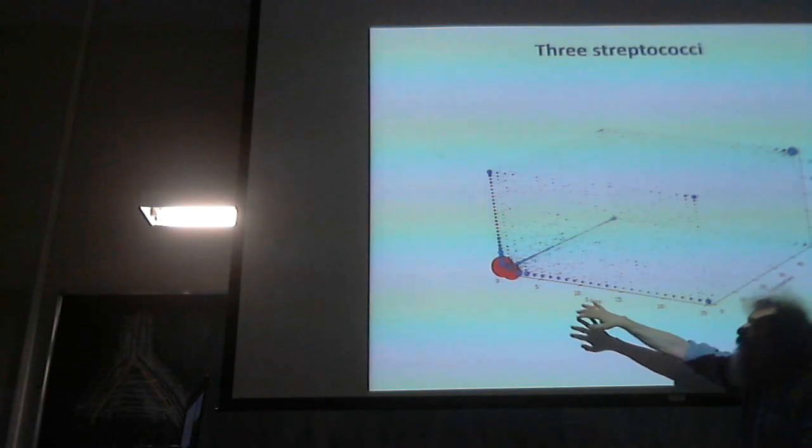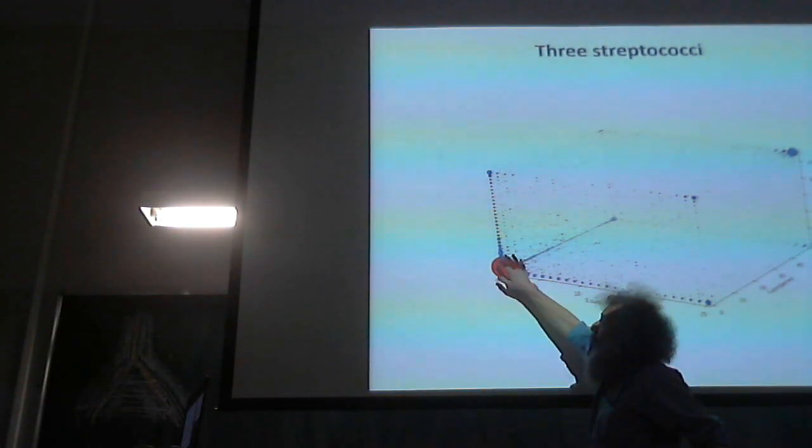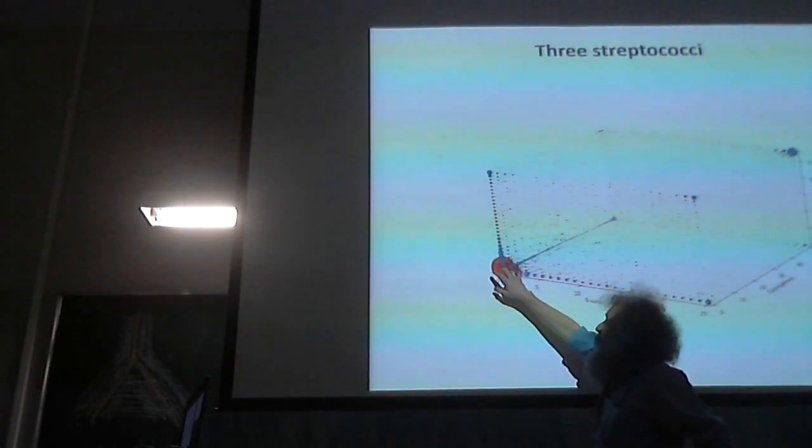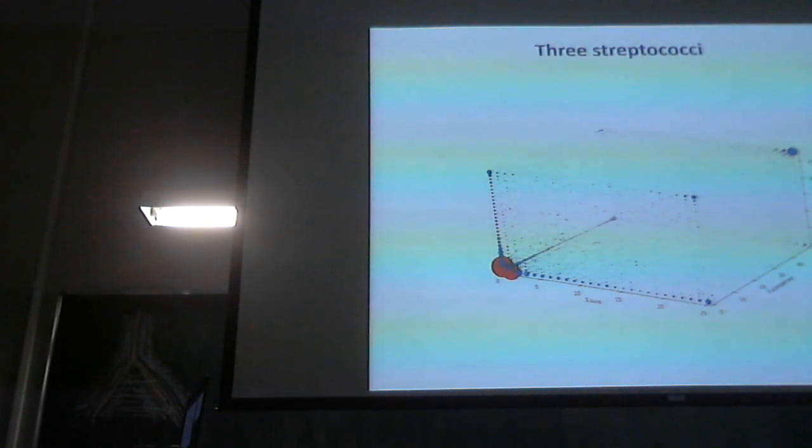So this is not an interesting area of unique genes. Don't care. Over there at the top are genes universal for all three species of streptococci we have studied. The size of the circle reflects the number of genes present in exactly that number of strains.